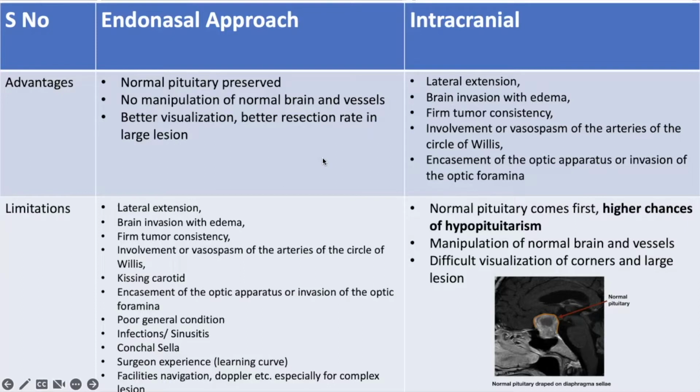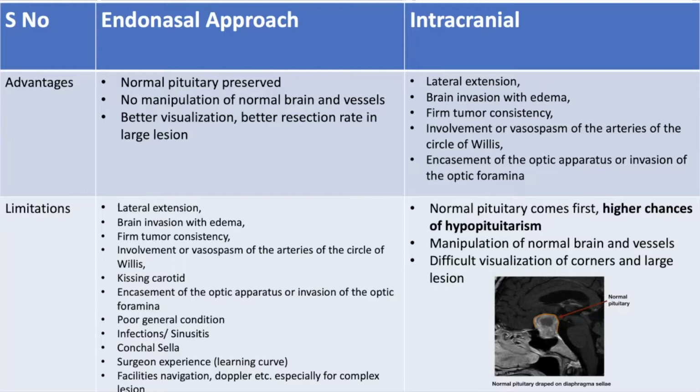But there are limitations when there is large extension, brain invasion with edema, firm tumor consistency, involvement or vasospasm of the arteries of the circle of Willis, kissing carotids, encasement of the optic apparatus or invasion of the optic foramen, poor general condition, infection or sinusitis, especially active infection.